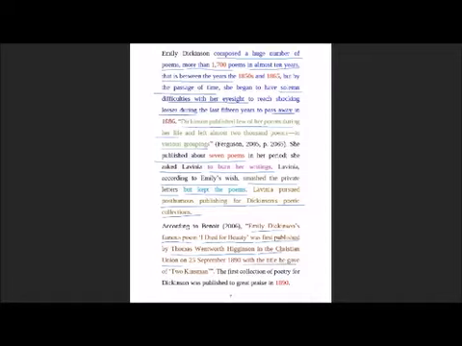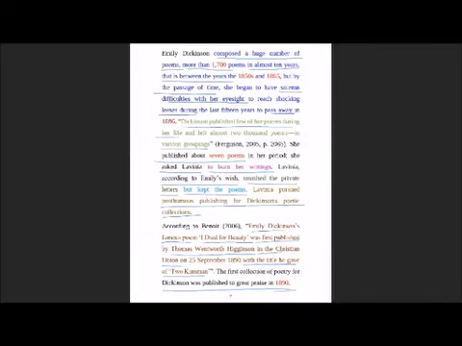The first collection of poetry for Dickinson was published to great praise in 1890. And we remember that she died in 1886, four years before.